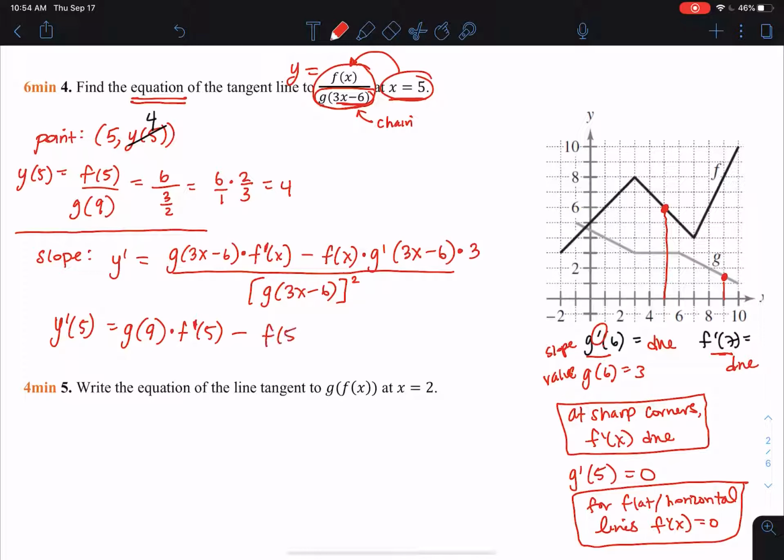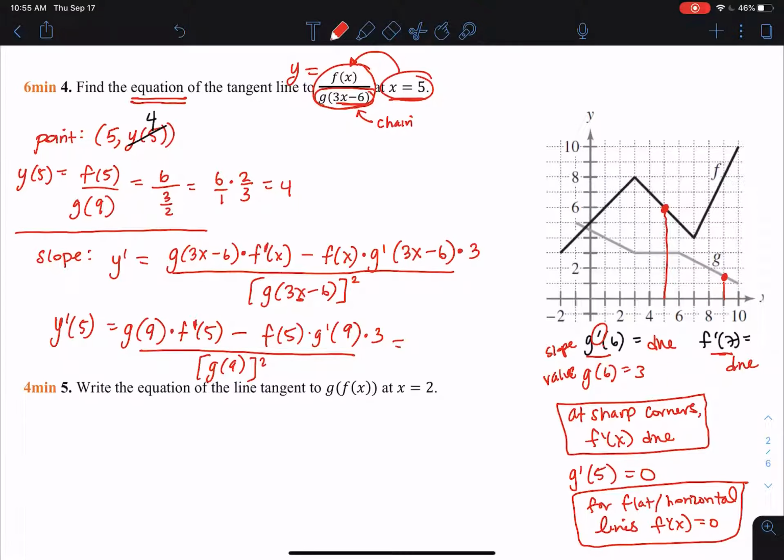Minus f of 5 times g prime of 9 again, times 3, all over g of 3x minus 6, which we already know is 9. So shortcut, it will always be the same for these rules. Sorry, not 9 squared. I meant g of 9, squared. So if I plug in, I get g of 9, and I'll square that.